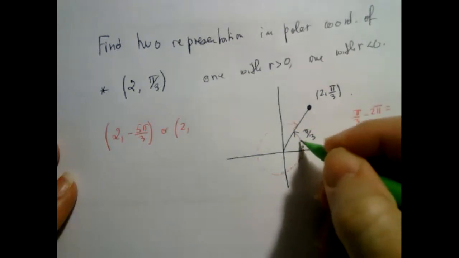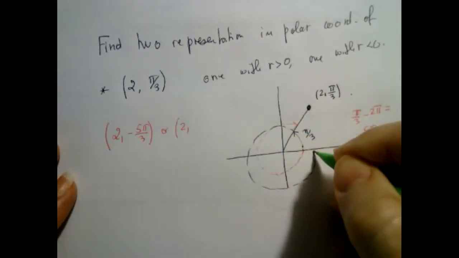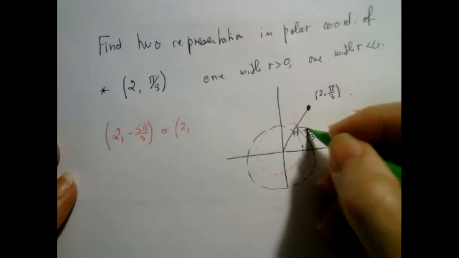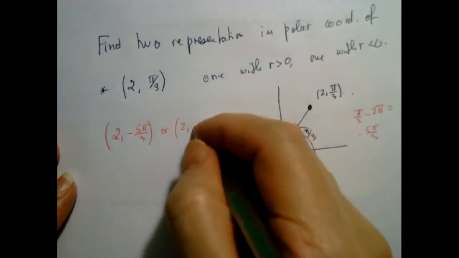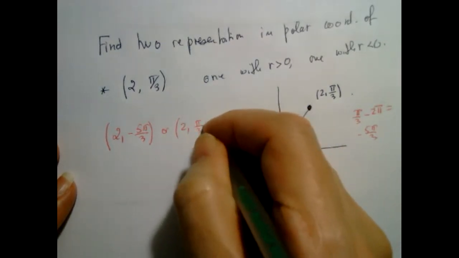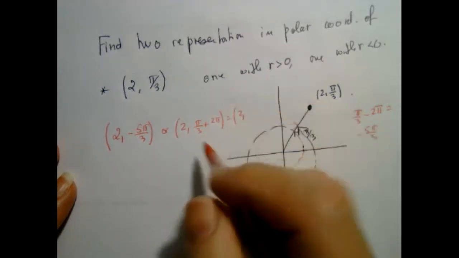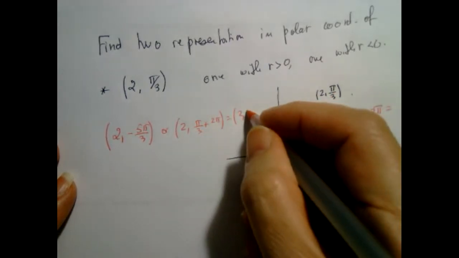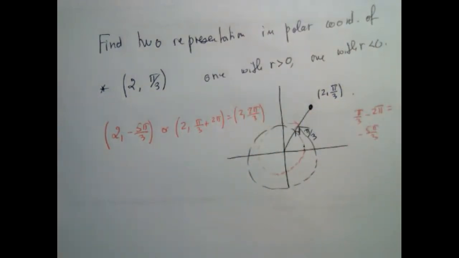If I take pi over 3 and then add 2 pi, there are infinitely many ways. That's another representation for the same point. So I can take pi over 3 plus 2 pi, which means 7 pi over 3. Okay, that's another representation.